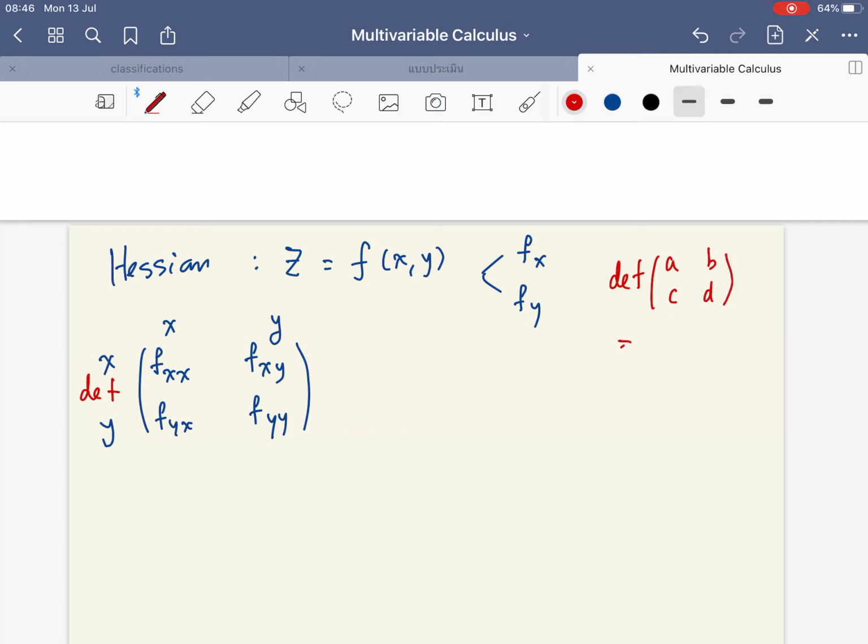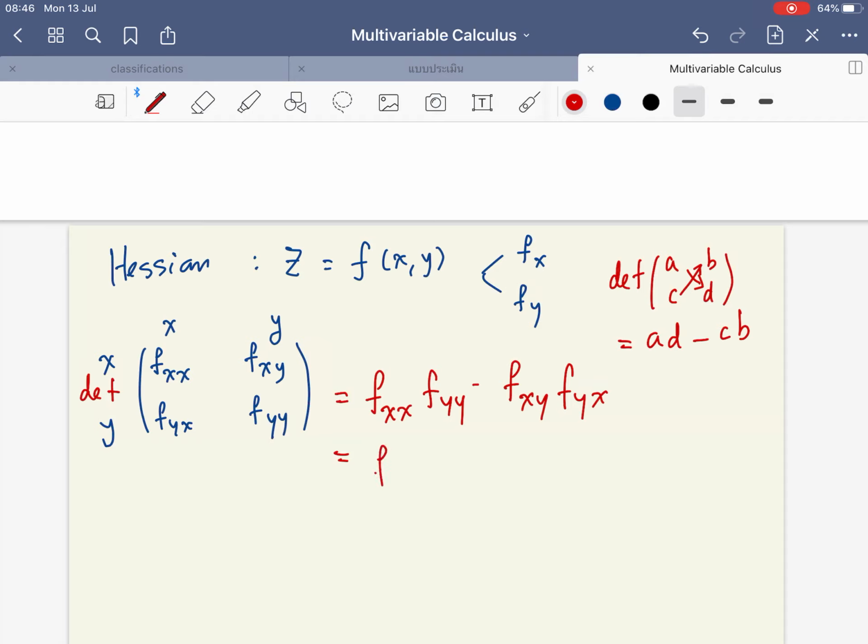We hope that you still remember that the determinant of a 2 by 2 matrix is the downward multiply minus the upward multiply like this. So the determinant of a Hessian matrix will be f sub xx times f sub yy minus f sub xy times f sub yx.